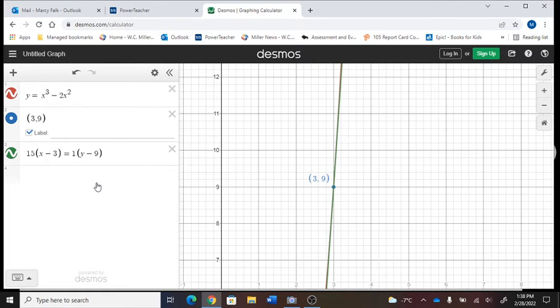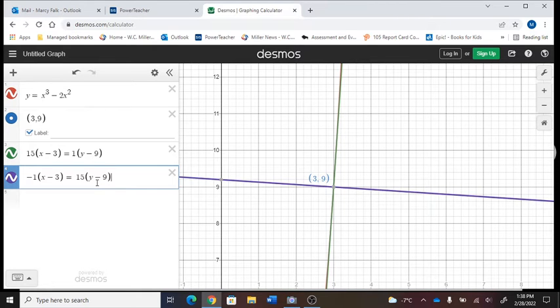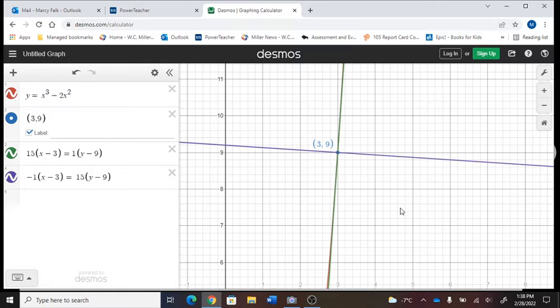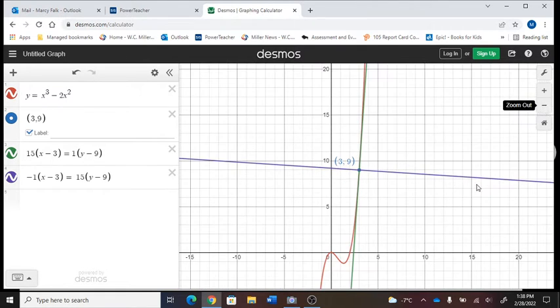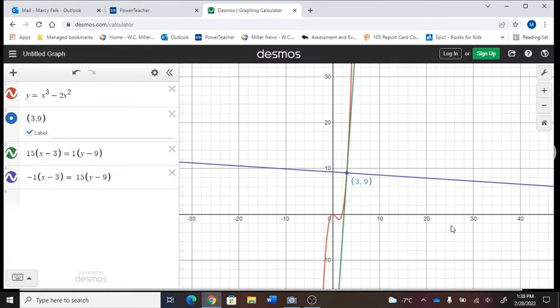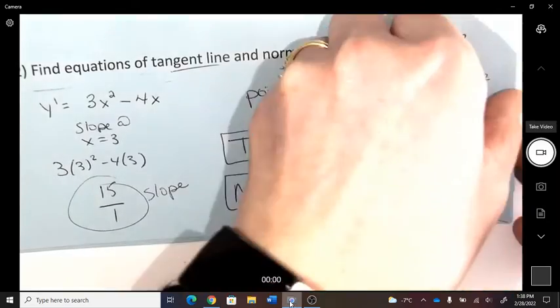Okay, and then if I do the perpendicular line, that's what it's talking about. It's a perpendicular line that goes through that coordinate.